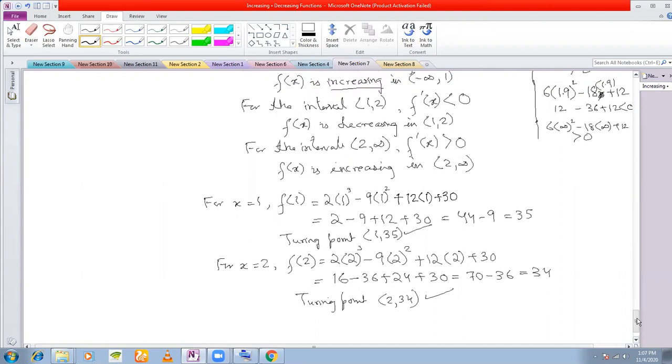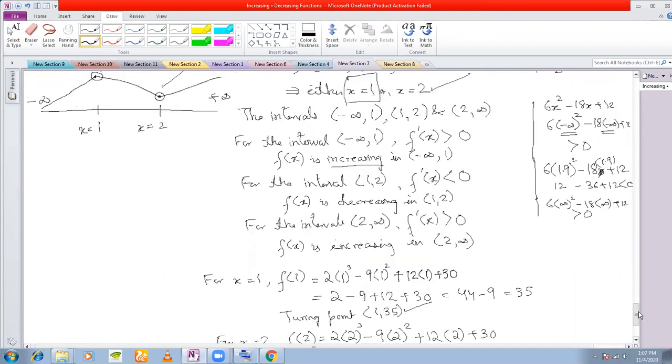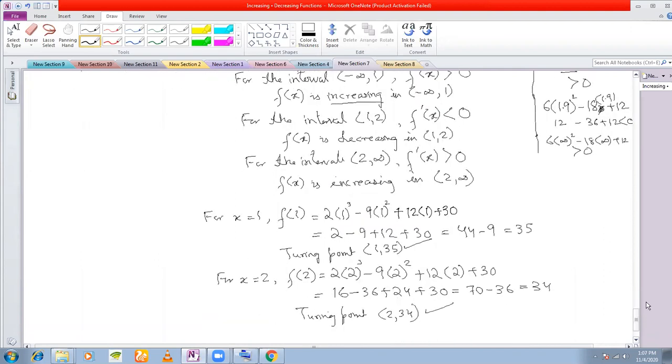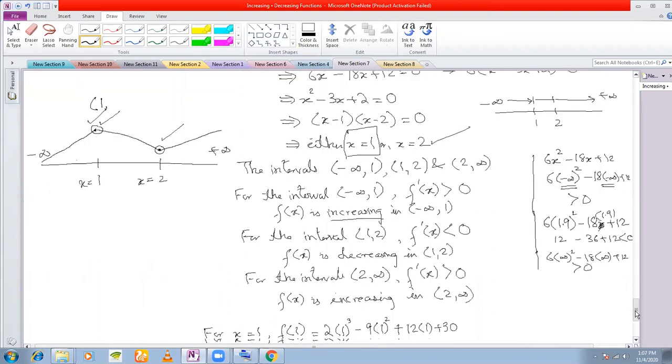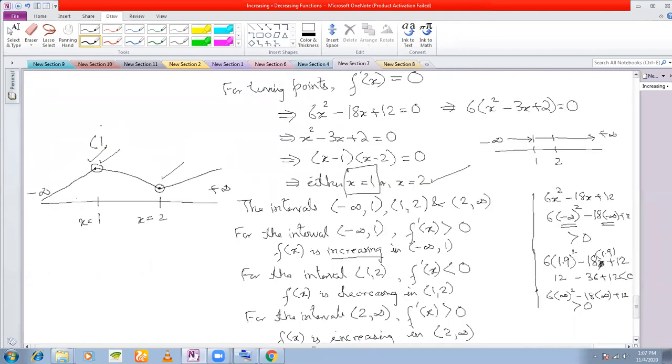Now we come to the concept of maxima and minima. So now you tell me, this coordinate is how much? This coordinate is 1 comma 35, and this coordinate is 2 comma 34, right?